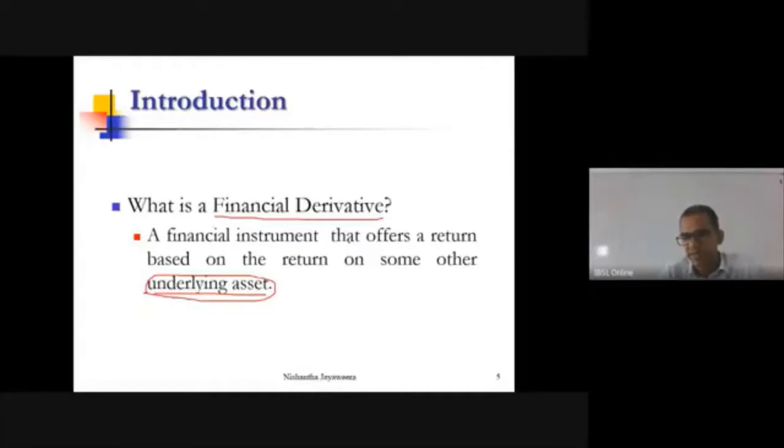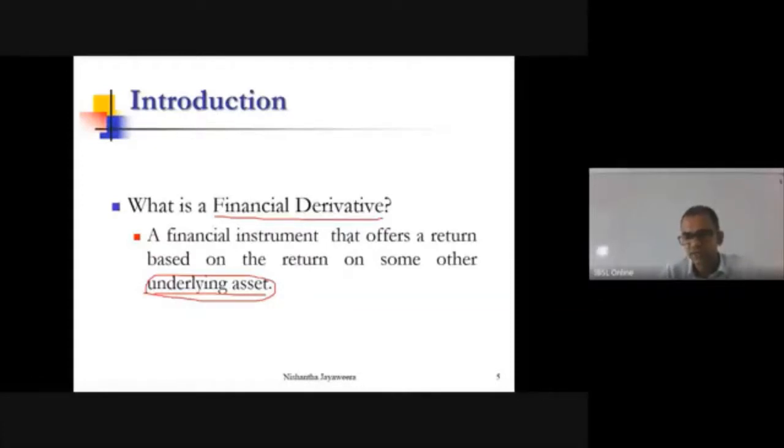If you can remember, we discussed the FX forward transaction. The price of an FX forward, or the forward rate, depends on the spot rate and the interest rates. Two interest rates, and the spot rate. What are the two interest rates? The interest rate of the base currency and the interest rate of the counter currency. Depending on those two interest rates and the spot rate, we derive the forward price.